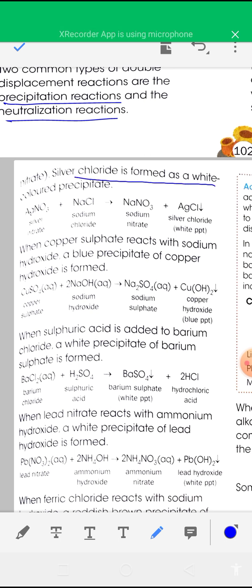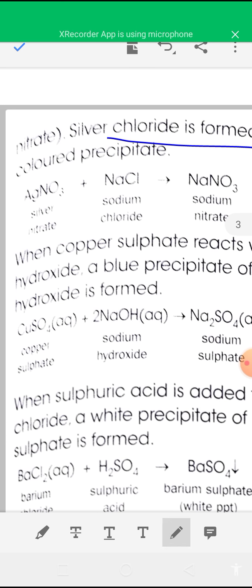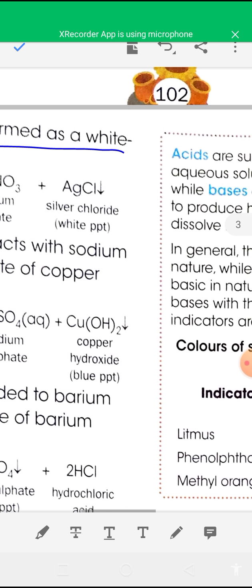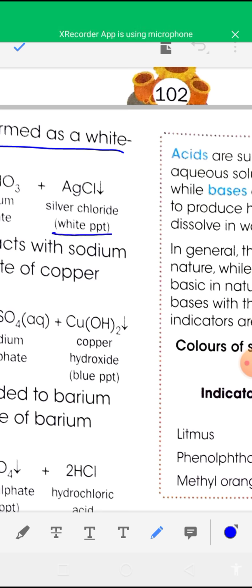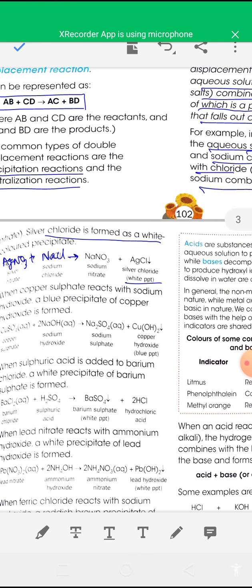The chemical reaction is AgNO3, silver nitrate, plus NaCl, aqueous solution of sodium chloride. The products are NaNO3 and AgCl, the white precipitate you will get. So it is a precipitation reaction.